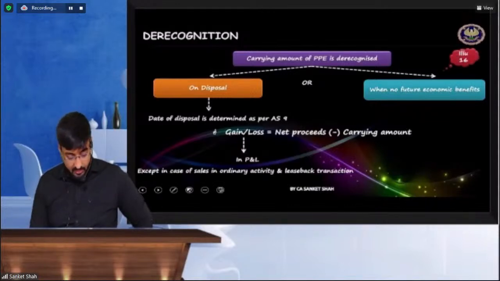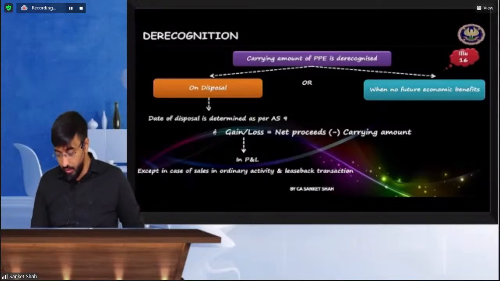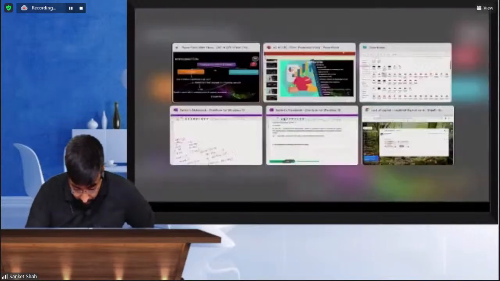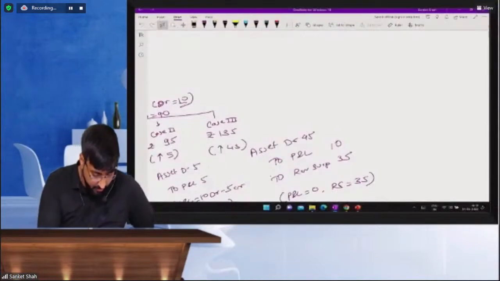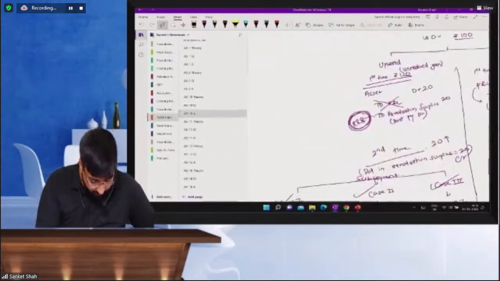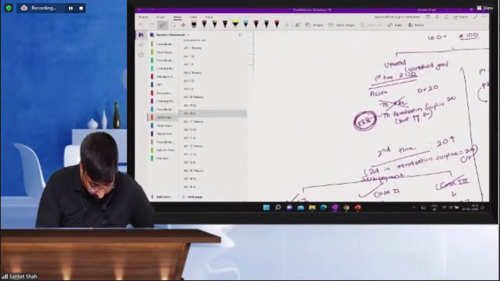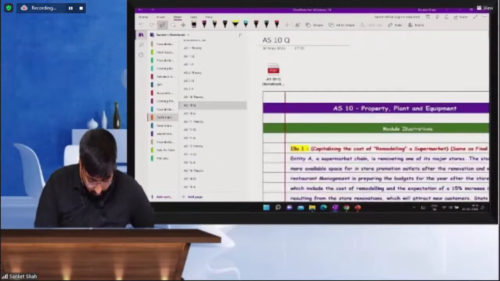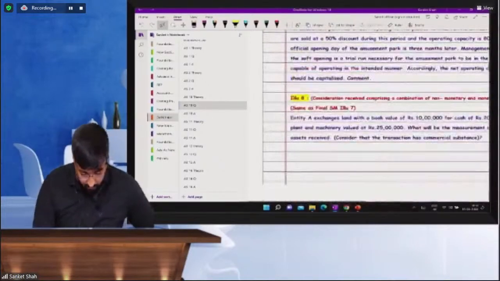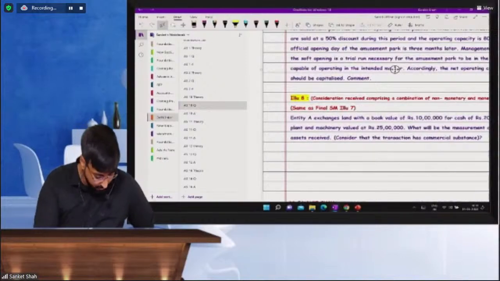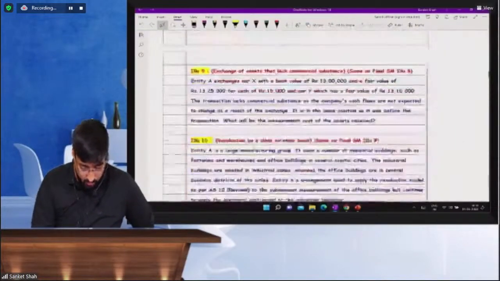Illustration 16 is based on this one. So come to illustration number 16.